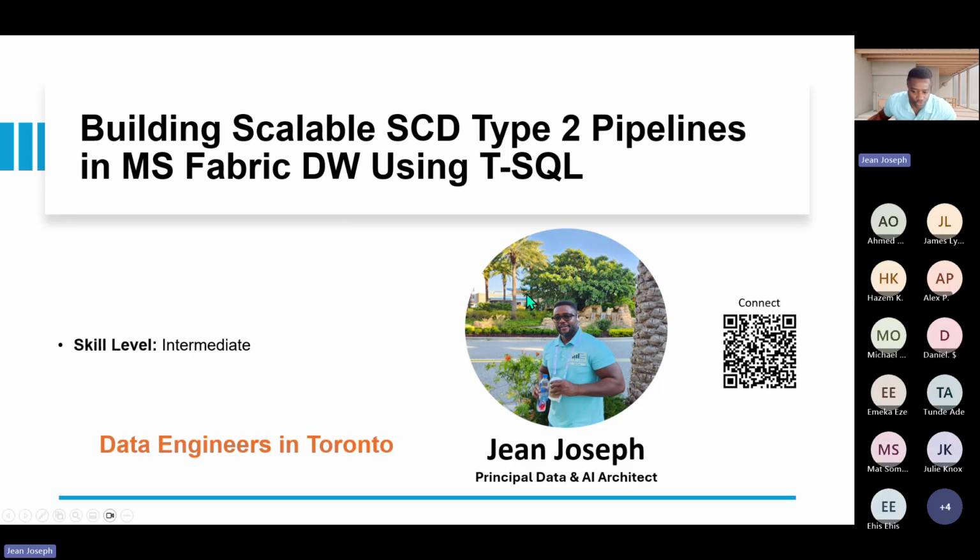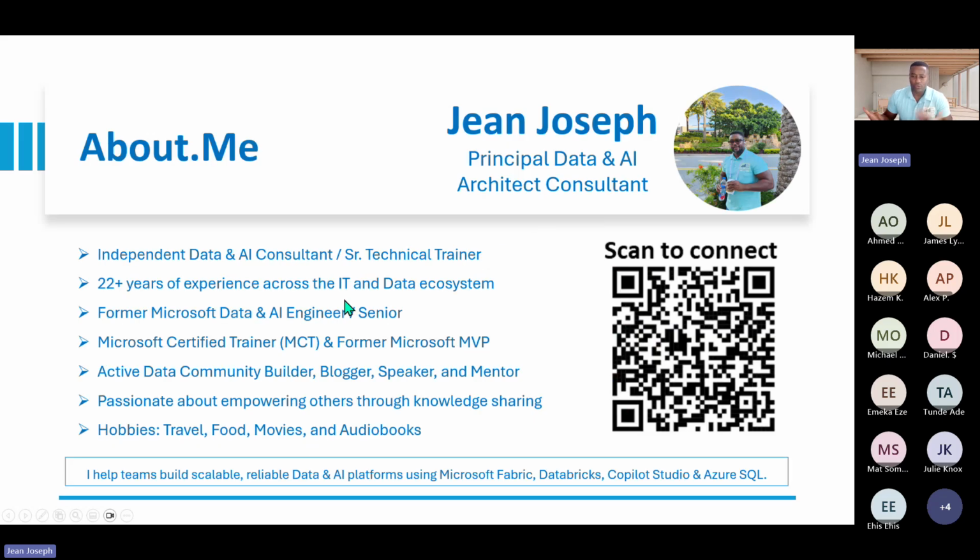By the way, my name is Jean-Joseph. I have lived in New Jersey for the last 18 years. However, I was born in Haiti. You may notice there is a bit of an accent. This is a Creole and French accent because I'm Haitian. I was a former Microsoft employee. I was part of the technical training team.